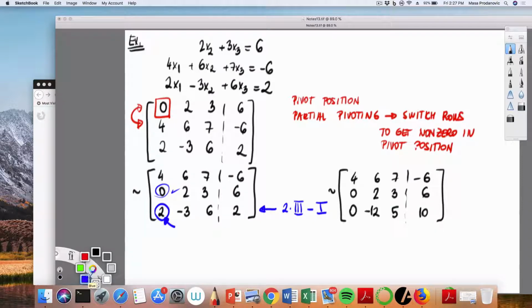Cool. Now I want to eliminate this using this. So my second pivot position, here I am speaking Croatian again, is 2, and I want to use it to eliminate minus 12. So what am I going to do? Row 3 plus 6 times row 2. That works. So we get then, I can just rewrite.